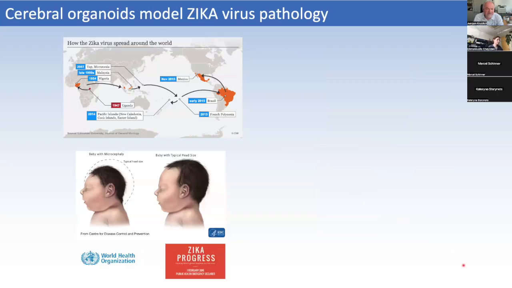And this was in 2015, when the World Health Organization called for a global state of emergency, the last time before the SARS-CoV-2 virus. And this is because at that time, the Summer Olympics were planned in Brazil.